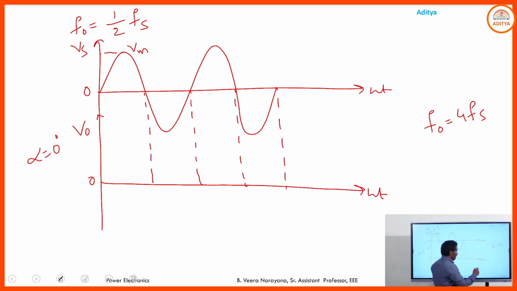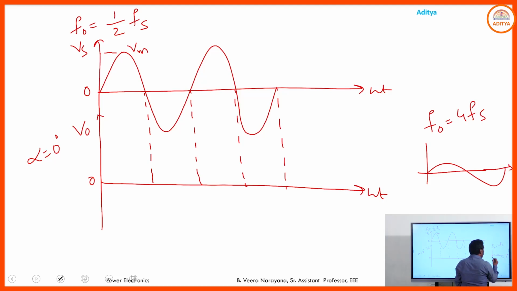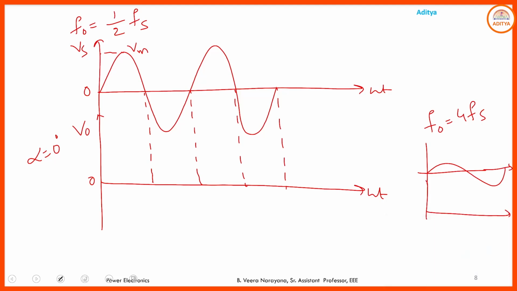That means for completion of one full cycle of the source, you generate four cycles on the output side. Corresponding to that, we provide the gate pulses to P1, N1, P2, N2.